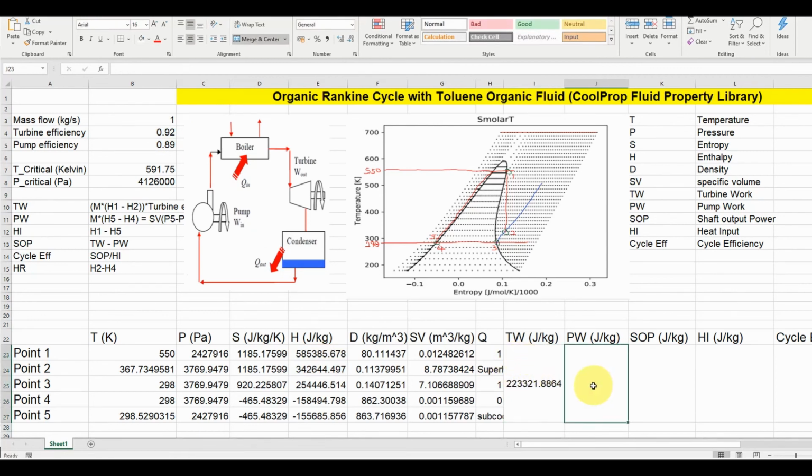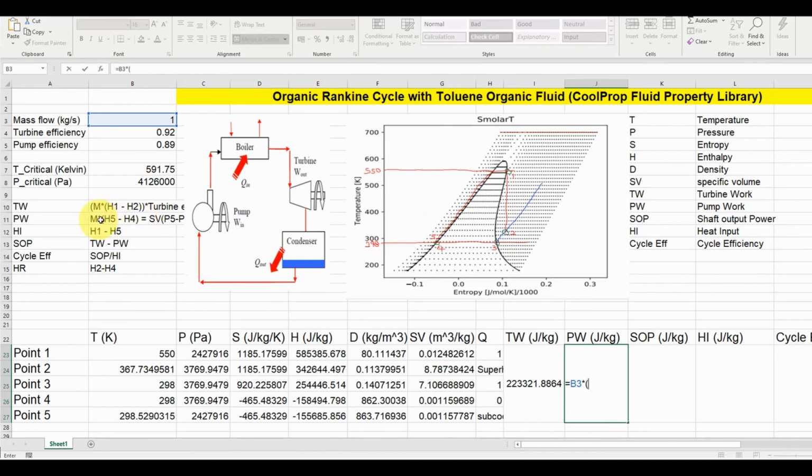Next, we look for the pump work. Again, we follow the same process. This will be the mass flow, which is this, times H5 minus H4. There are two ways you can calculate for the pump work. You could either use the specific volume into the pressure at the exit of the pump, subtracting the pressure while the fluid was entering the pump.